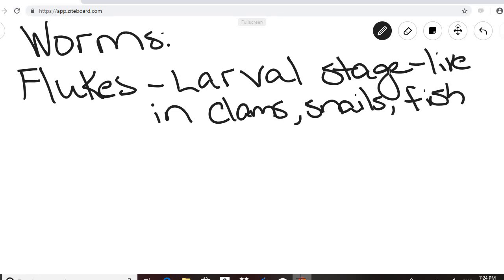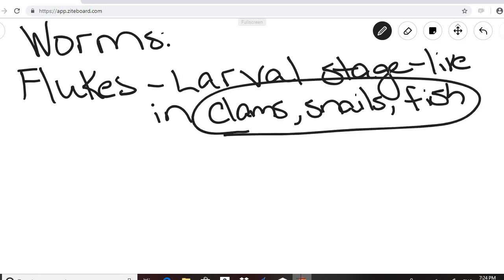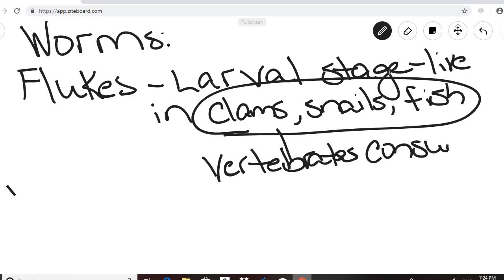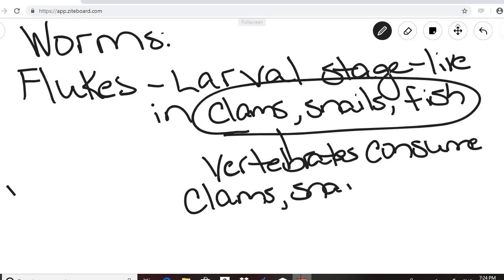And then when a vertebrate, so these are non-vertebrates, but when a vertebrate eats these organisms, then the adult fluke lives in the vertebrates. Okay, so vertebrates consume these clams, snails, or fish, and then the adults live in the vertebrates.